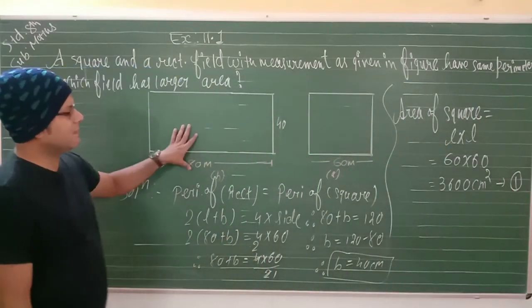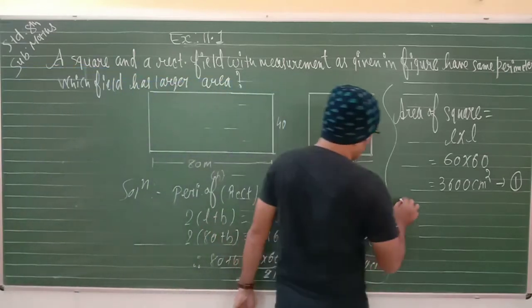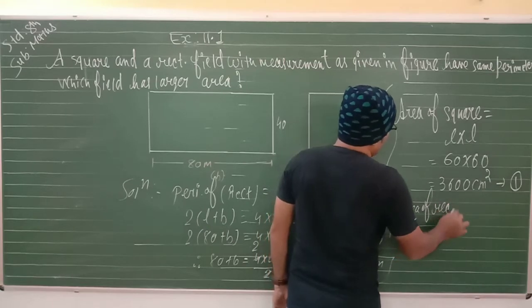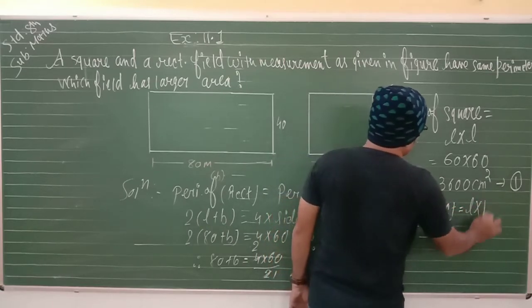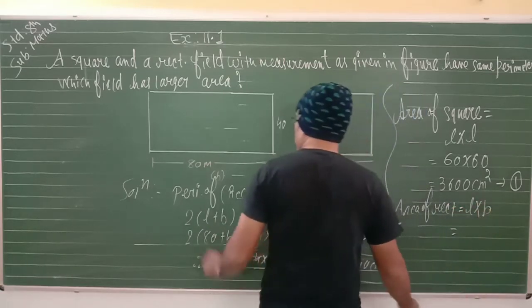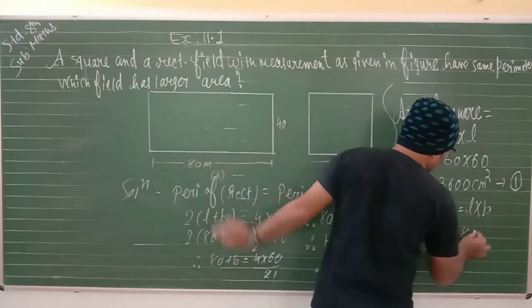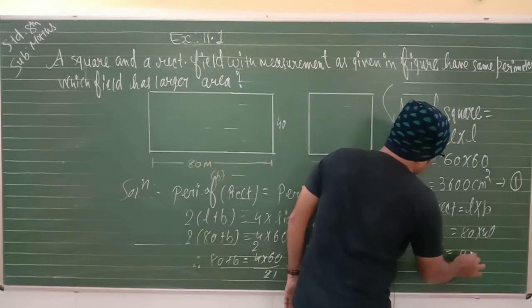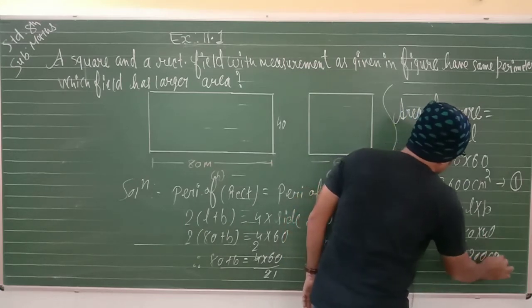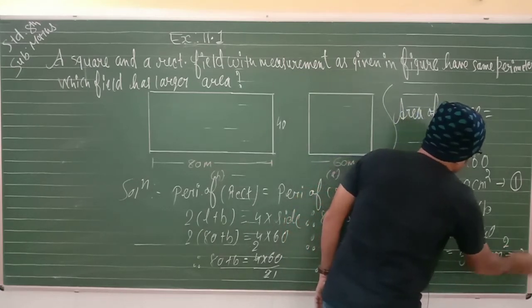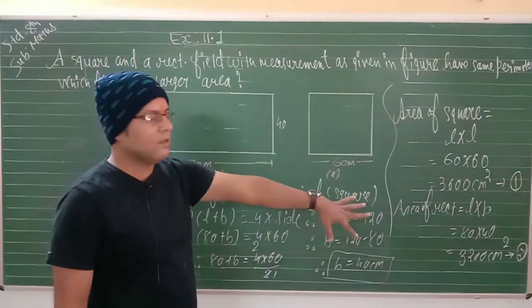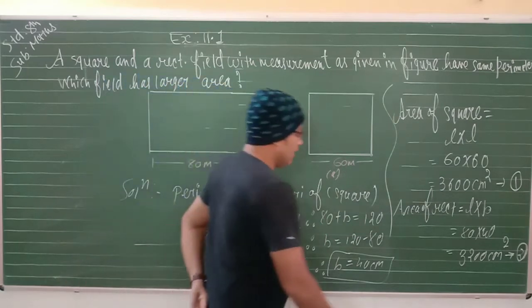Same way, area of rectangle is equal to length into breadth, is equal to 80 into 40, is equal to 3200 centimeter square. Now see the difference, 3600 and 3200. So the area of square is larger.